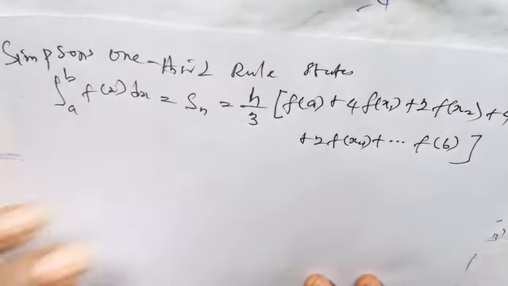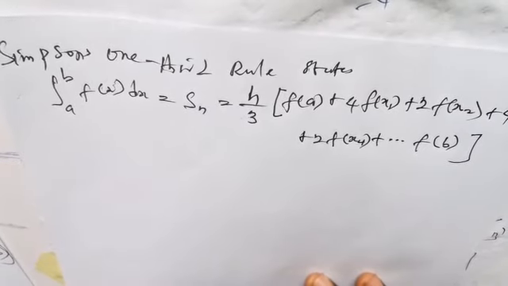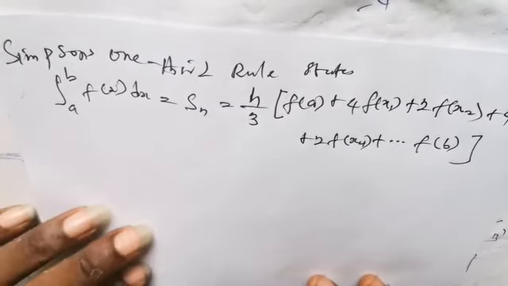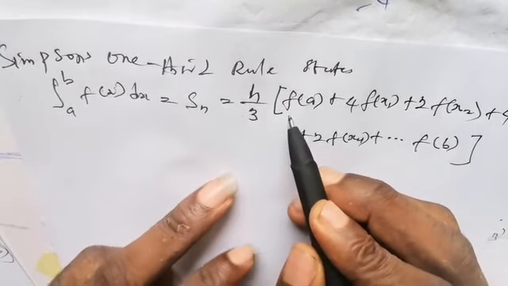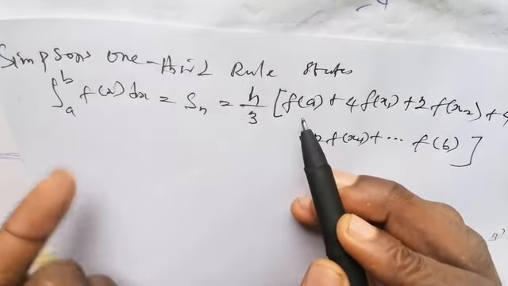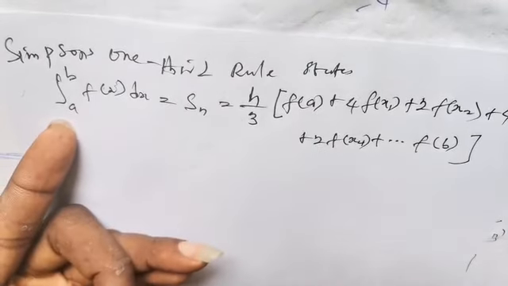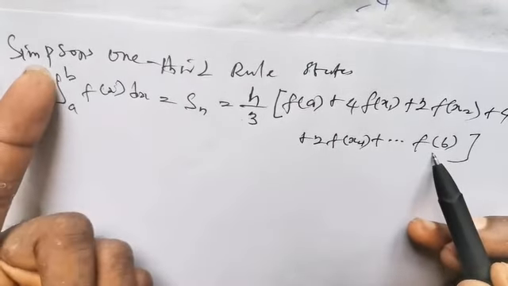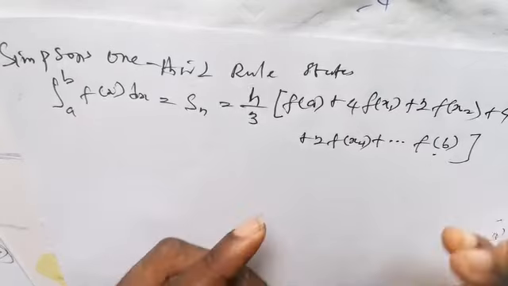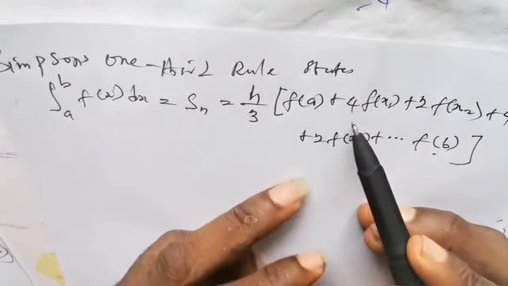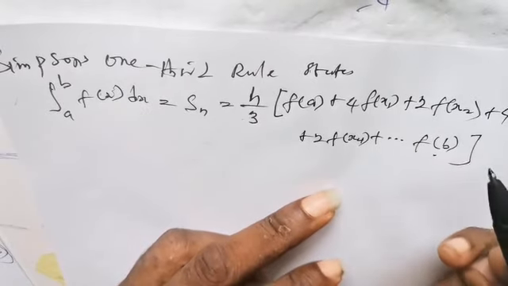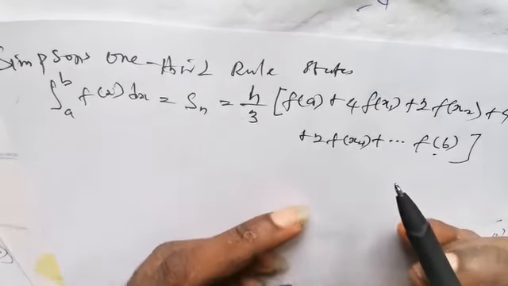So this is Simpson's rule. What is the rule saying? First, you find the function at the lower limit, that's f of a. Also find the function at the upper limit, that's f of b. But notice that in between, we start with 4 f of x1, the first interval after the lower limit.